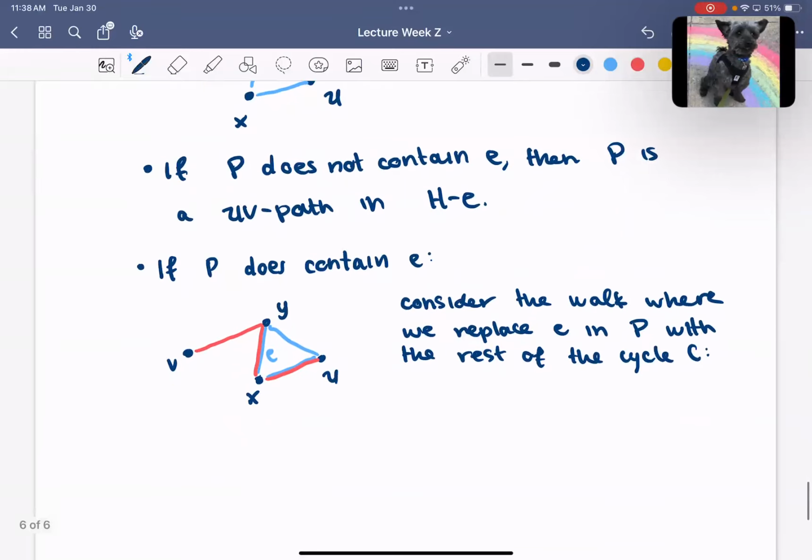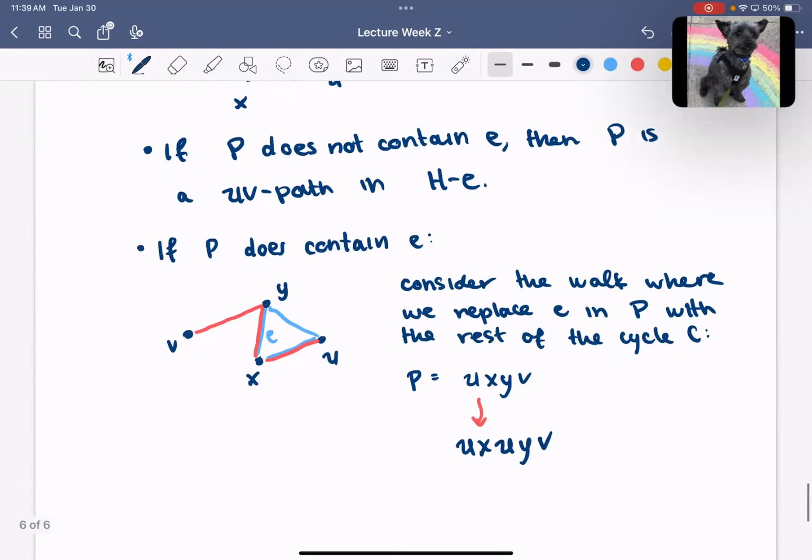We started with P, which was from U to X to Y to V. That went through this edge E, which is XY. And so what I'm going to do is replace E with going around the cycle the other way. So this will become U, X. And then, we're not going to cross E. We're going to go back the other way around the cycle. So we'll go back to U and then to Y and then to V.